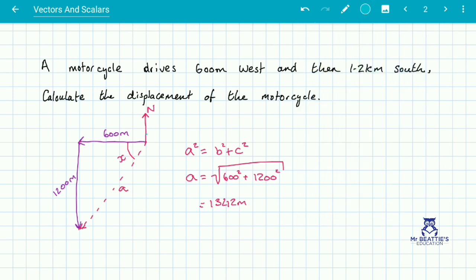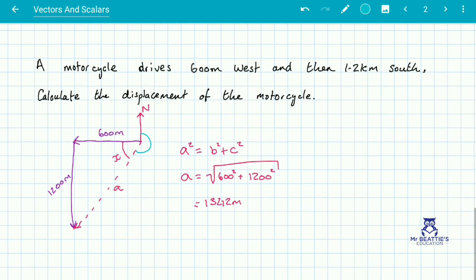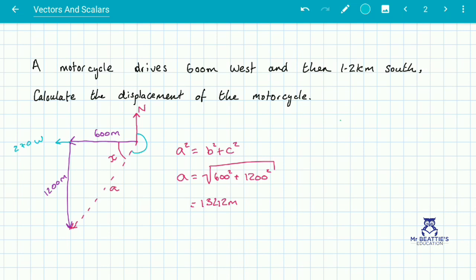We need this angle here, round this side all the way around, so that big one. What we can do is work out the value of X, and because this line is going west, we know that it is 270 degrees. So we can do 270 minus X to give us our bearing.